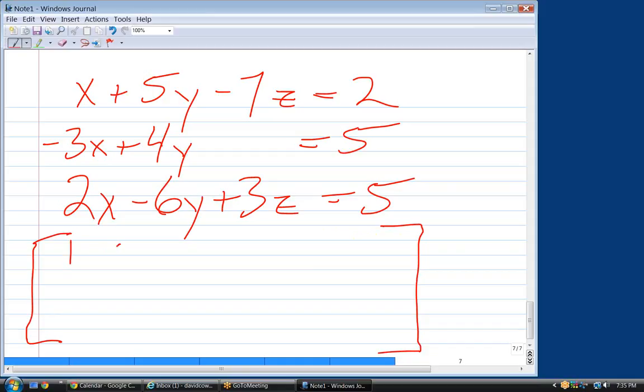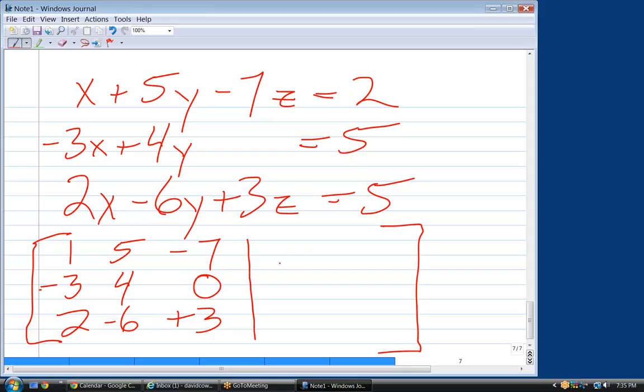First of all, I've got the coefficients of each variable along the top row, draw a vertical line and put the answers 2, 5, 5, like that.